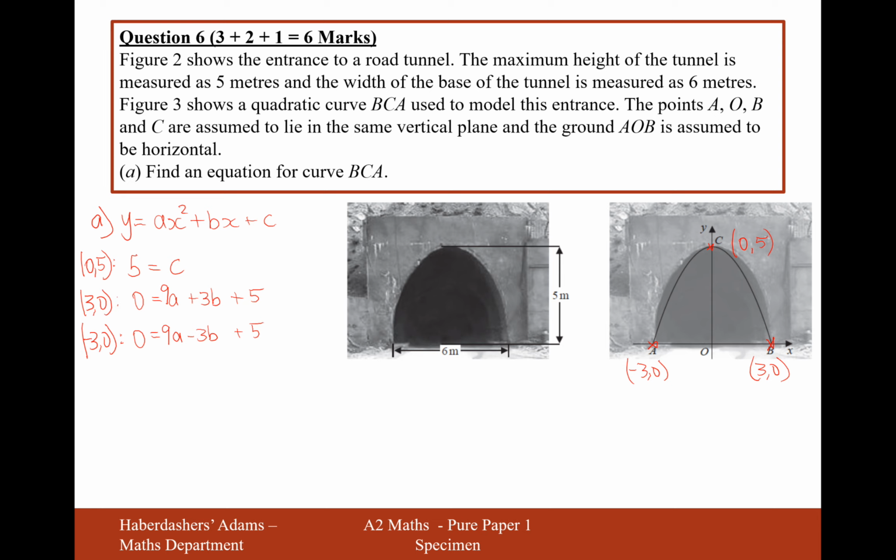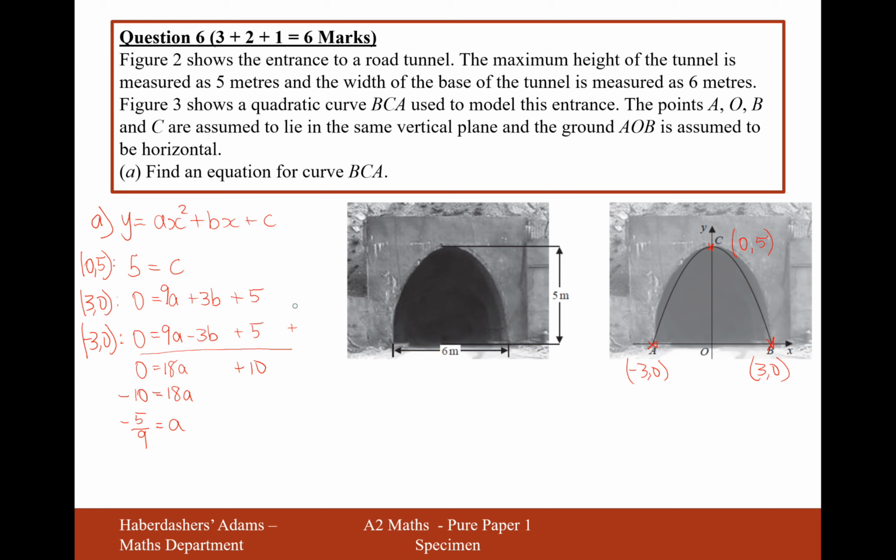Now, in this case we have a simultaneous equation that we need to solve. Let's first start by adding the equations together. 0 adds 0, that's 0. 9a adds 9a, that's 18a. 3b plus minus 3b will cancel out, and it's going to be 10 on the other side. So it's going to be minus 10 equals 18a. Divide that by 2, so it would be 5 over 9, so it's going to be minus 5/9 as our value for a.